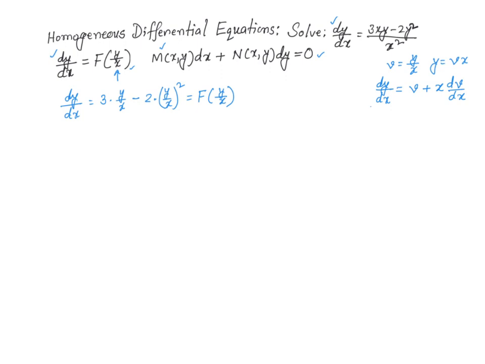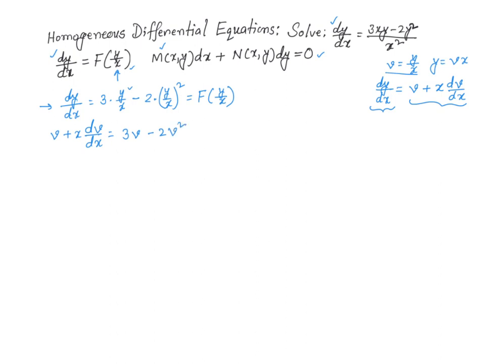Now I'll take the right hand side and plug v equal to y over x right in. So dy over dx is v plus x times dv over dx, and that is equal to 3 times y over x, which is v, minus 2 times (y over x) squared, which is v squared.